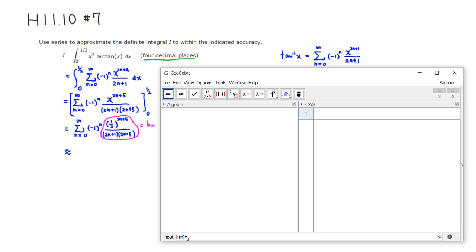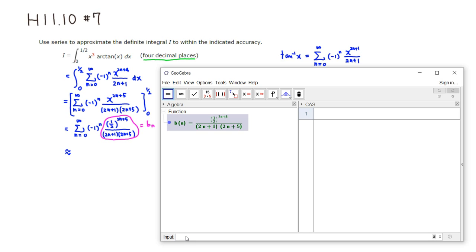Bn is going to be 1/2 raised to the 2n plus 5, divided by 2n plus 1 and also 2n plus 5. Then hit enter. So we have Bn defined.